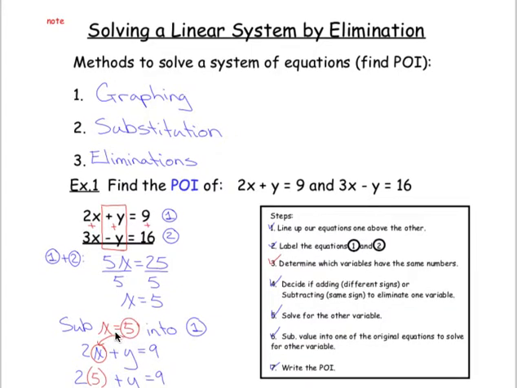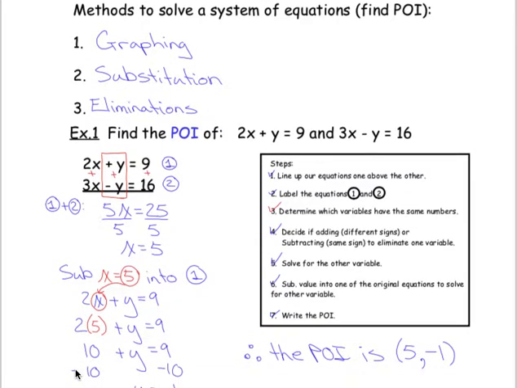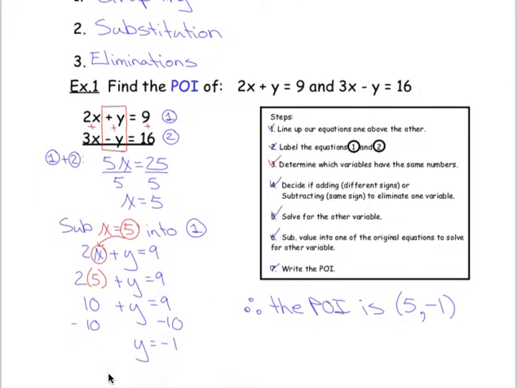We sub the 5 into the x spot, and we get our multiplication here. 2 times 5 is 10, plus y equals 9. To get rid of this 10, because we need y alone, we have to subtract 10 from both sides. When we subtract 10 from both sides, we get y equals negative 1.